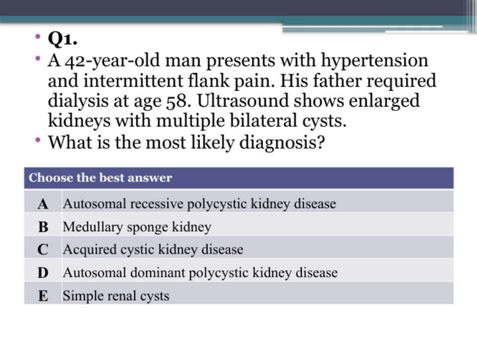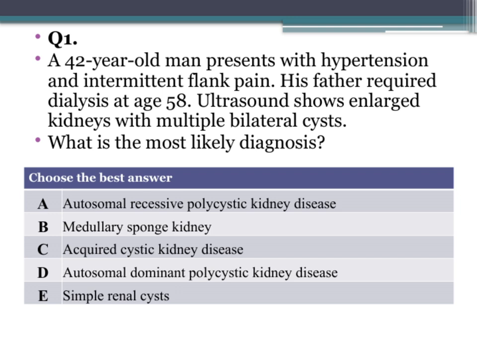Now, when we see bilateral kidney cysts combined with a family history like this, the most likely diagnosis points toward autosomal dominant polycystic kidney disease. This condition is characterized by progressively enlarging cysts that typically develop in adulthood and often lead to hypertension and kidney failure over time.